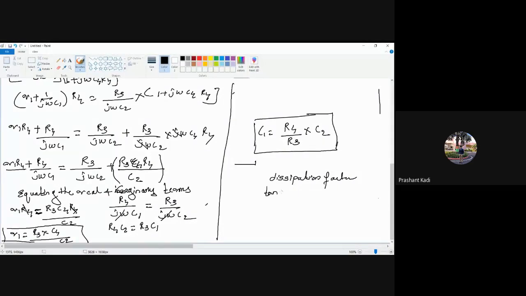We'll come to know what delta is in the second module. Tan delta equals omega C1 R1.